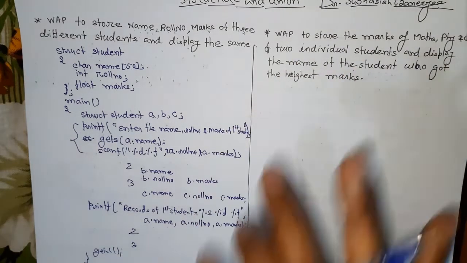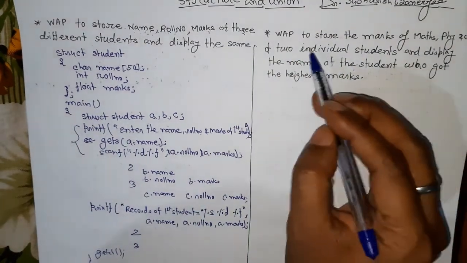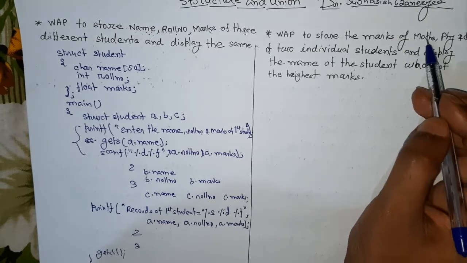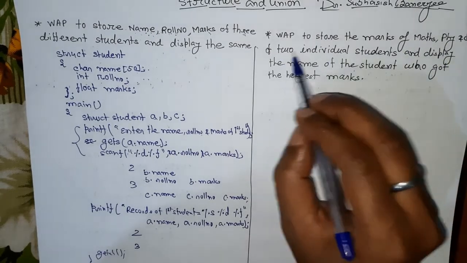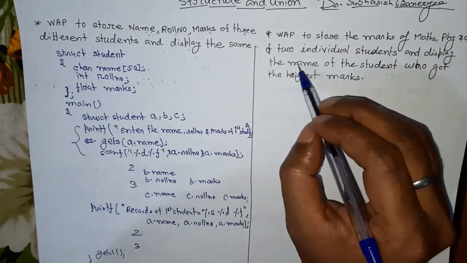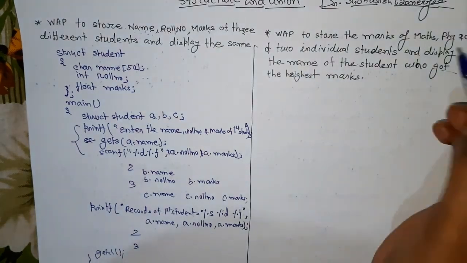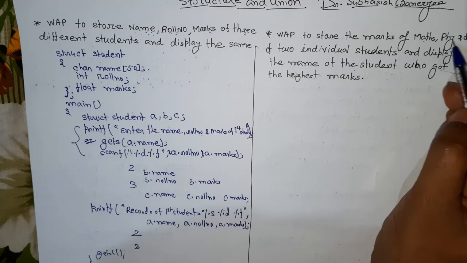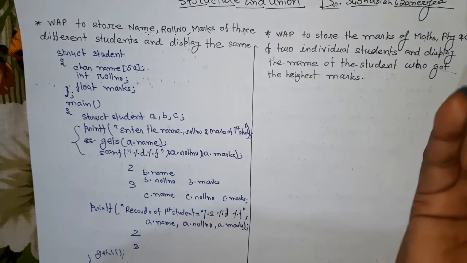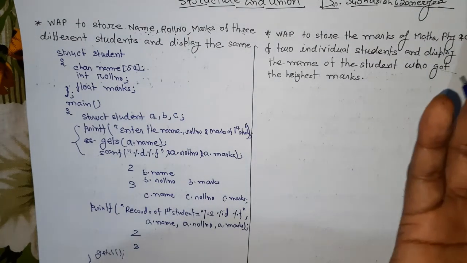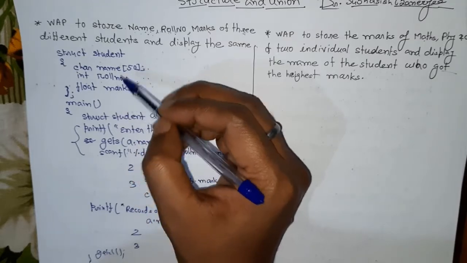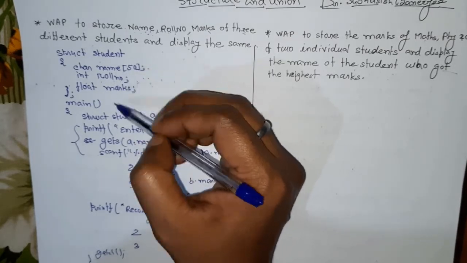Take another example. Write a program to store the marks of math, physics, chemistry of two individual students and display the name of the student who got the highest mark. Here you might notice that the marks of math, physics, chemistry will definitely be of a similar type. Earlier the data types were heterogeneous, different types.